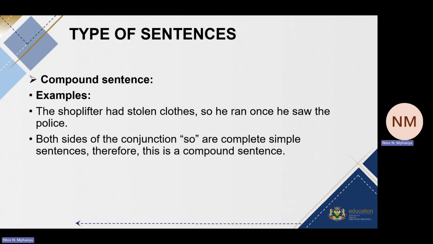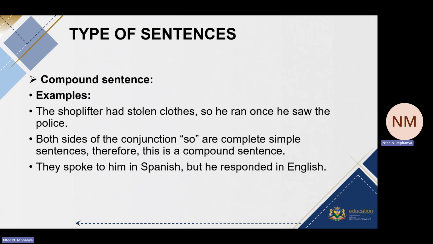Both sides of the conjunction, so, meaning the shoplifter and he ran, are complete simple sentences. Therefore, this is a compound sentence. Remember this, we said, formed by two complete simple sentences. If you see two complete simple sentences joined by conjunctions like so, and, or, then you must know that it is a compound sentence.